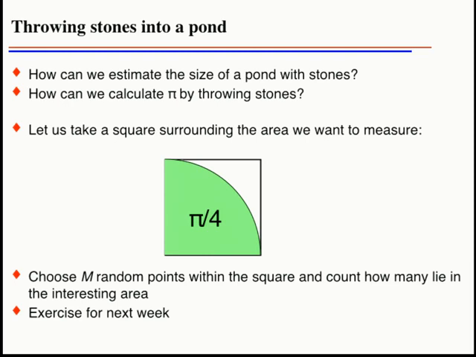Then, if we take the ratio of the number of points that are in the green area compared to the number of points that we throw in total, this number is exactly the ratio of the two areas. Because I think you would agree that the larger the green area is, the more probable it is to throw a stone in this green area.